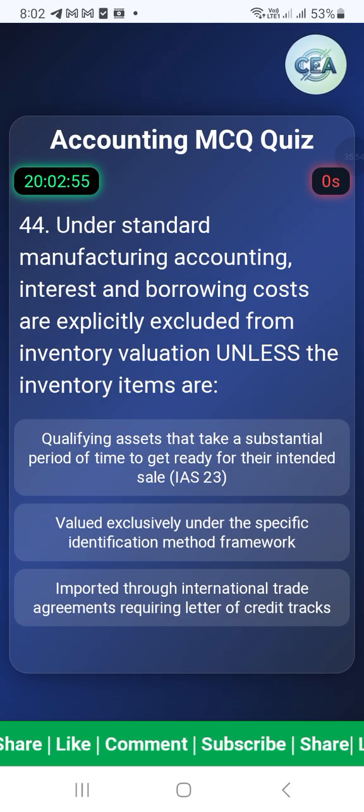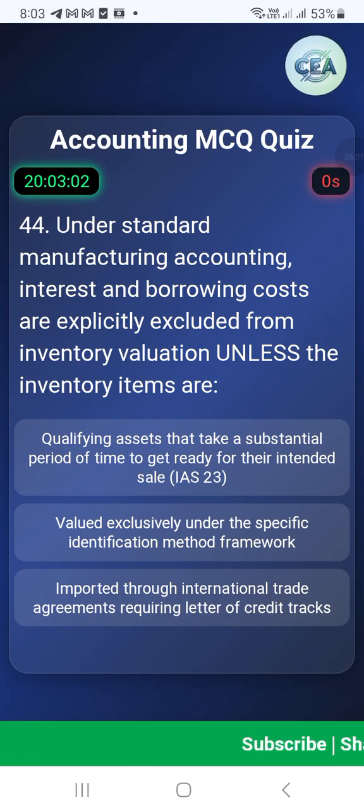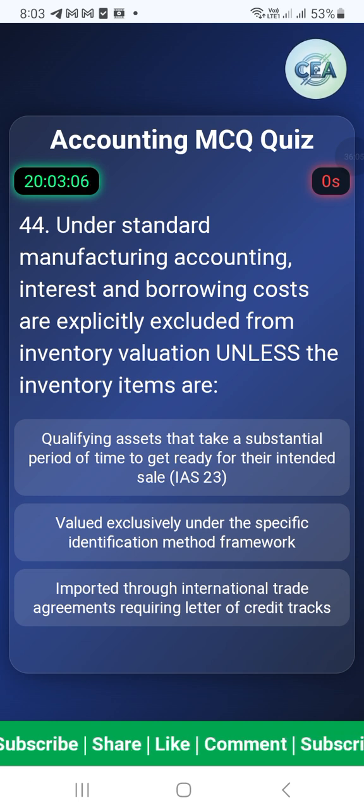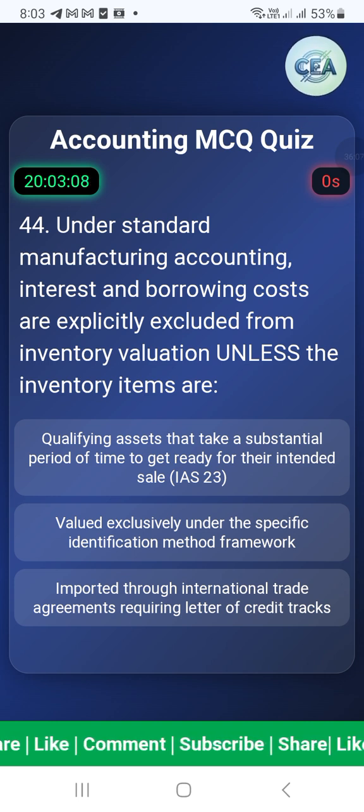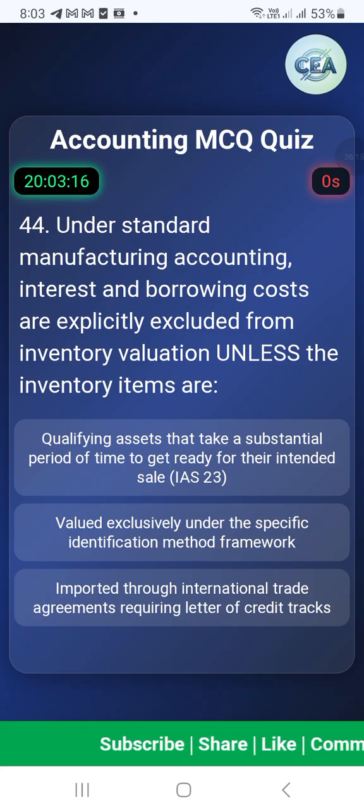44. Under standard manufacturing accounting, interest and borrowing costs are explicitly excluded from inventory valuation unless the inventory items are: Option 1. Qualifying assets that take a substantial period of time to get ready for their intended sale, IAS 23. Option 2.